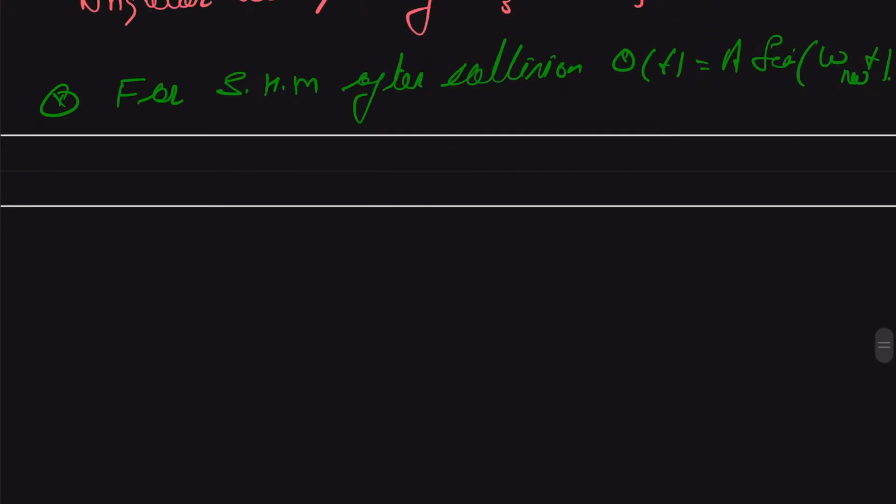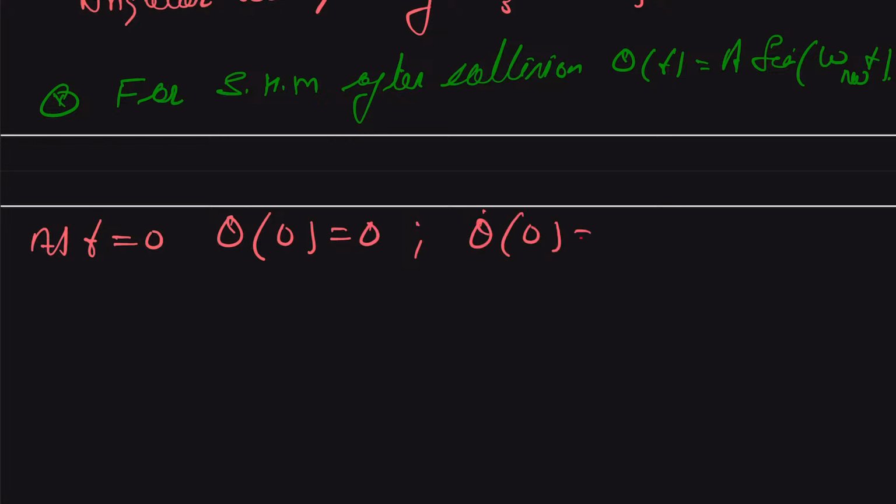At t equal to 0, theta 0 will be equal to 0, and its first derivative at 0 will be A omega nu, since the derivative is cos and cos 0 is equal to 1. And this we can say is equal to our theta dot final.